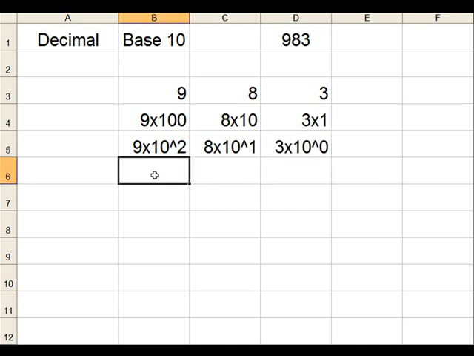Anything that's raised to the power of 0 is 1. So we have the ones place, the tens place, and the hundreds place. And of course, this would keep going into the thousands place, the 10,000s place, and so on.